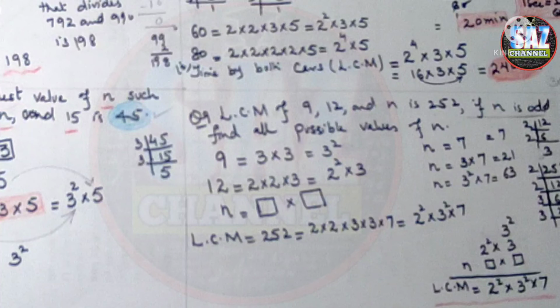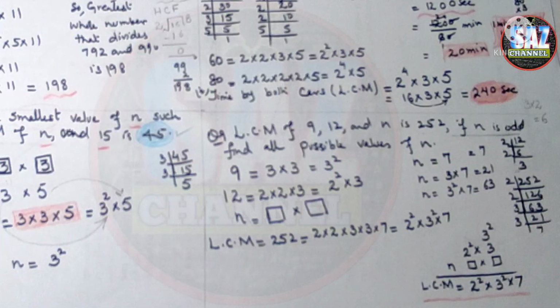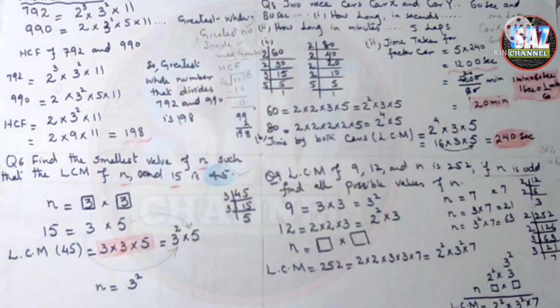In today's class we learned about the situations when the question says to find the greatest whole number that divides the given numbers exactly, or when the LCM is given and one of the numbers is given and we have to find the other number. And then we talked about the case when the question is about the smallest or minimum situation, or the term altogether or together is used, or some events are happening simultaneously.